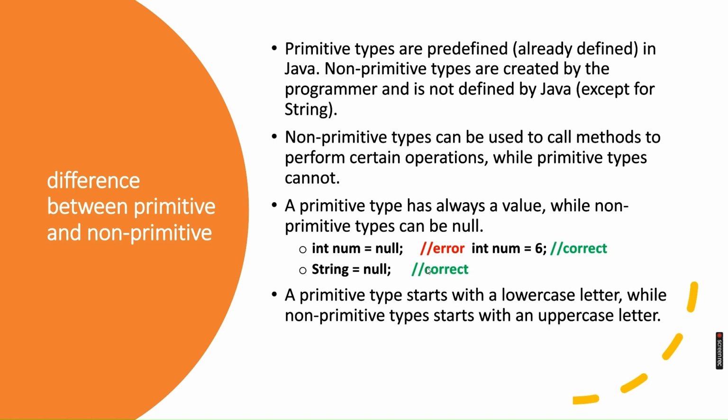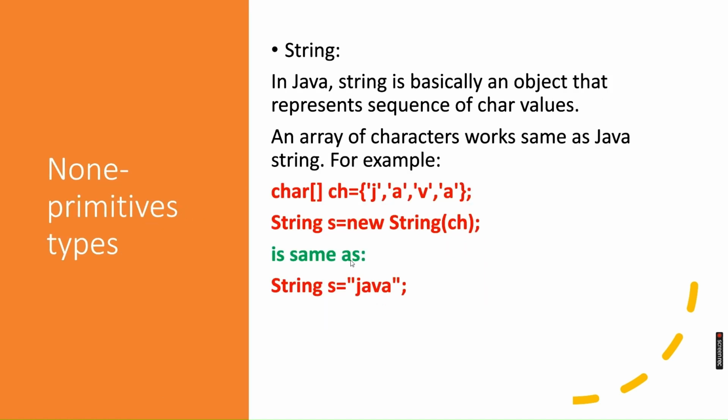Now, the second difference is that non-primitive types can be used to call methods to perform certain operations, while primitive types cannot. I will show you an example. If we go back to this example, string s equals Java.